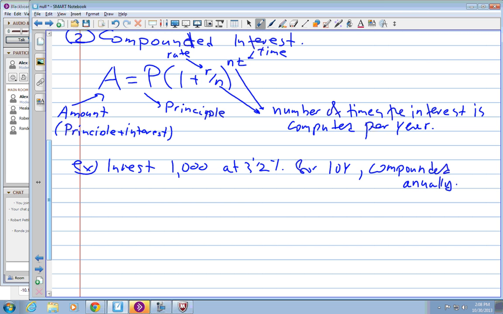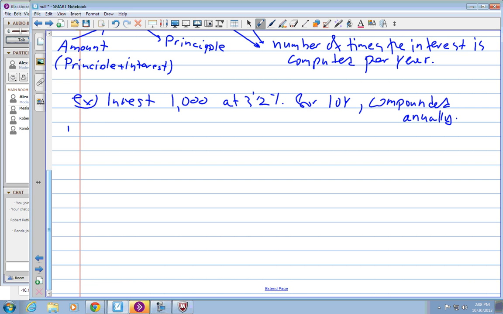Basically what they do, you have $1,000 in your account for the whole year. So year one, you started with $1,000, right? At the end of year one, they went ahead and computed the interest, just 3.5% for that first year.